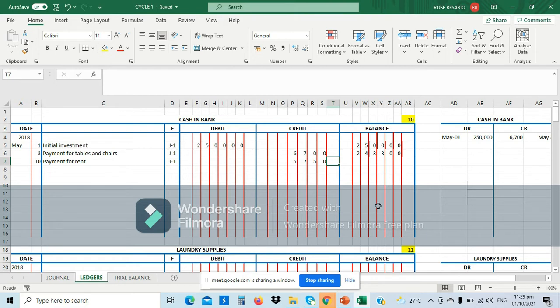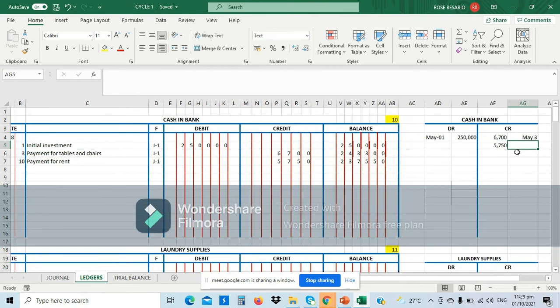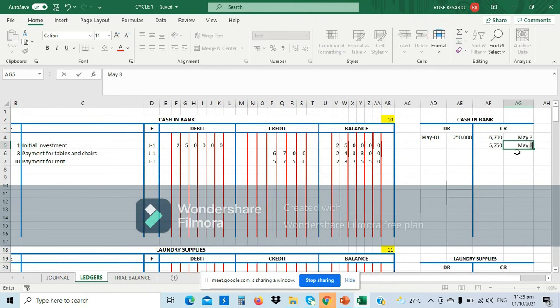So this is equal to 237,550. Okay, and then in your T account, you also enter 5,750 credit. This is May 10.